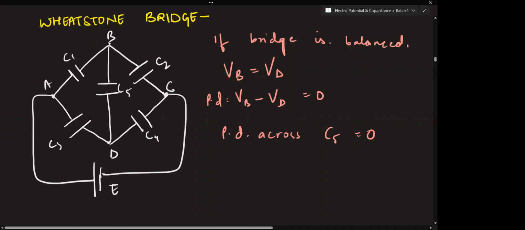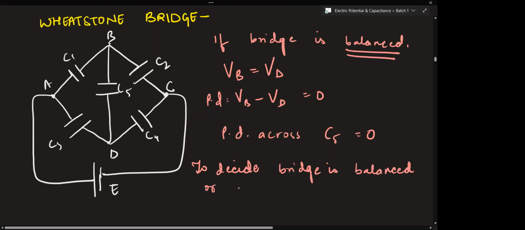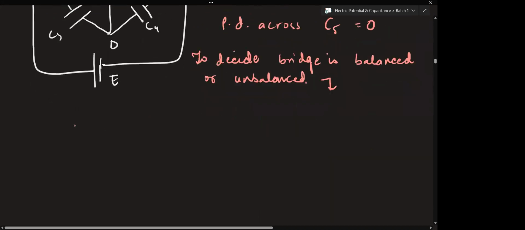All right, now how to determine if the bridge is balanced or not? So to decide whether the bridge is balanced or unbalanced, we use a condition. We call it a balancing condition.